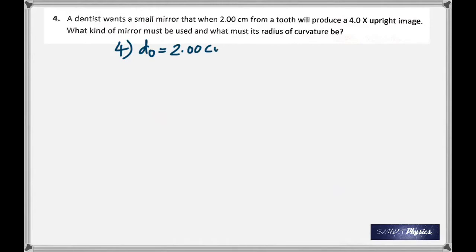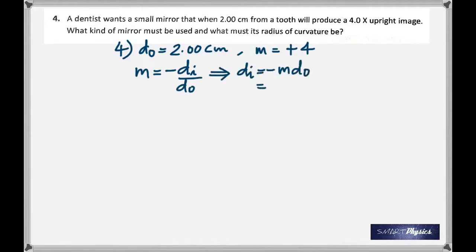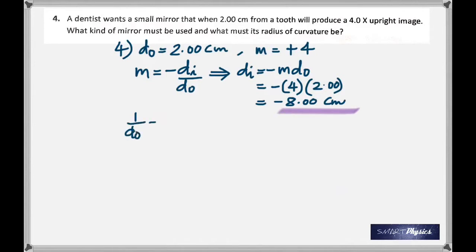DO is 2 centimeters. Magnification is +4 because magnification is positive for a virtual image. Put it into the equation for magnification and you get a relation between DI and DO: DI is -8 centimeters. Again, the negative shows that it's a virtual image.